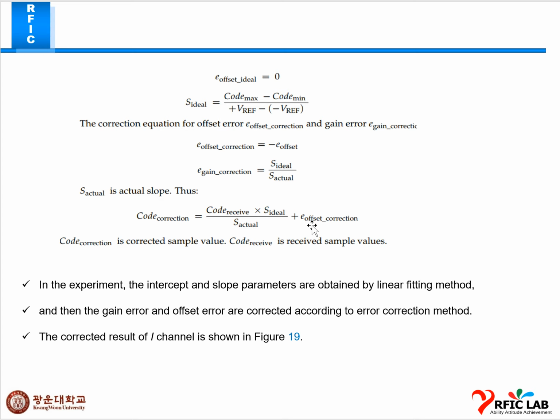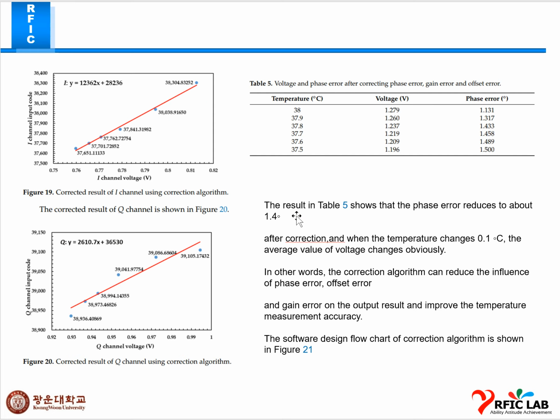So the intercept and slope parameters are obtained by the linear fitting method. They used a linear fitting method, and gain error and offset error are corrected according to the error correction method, and the corrected result of the I channel is shown in this figure.